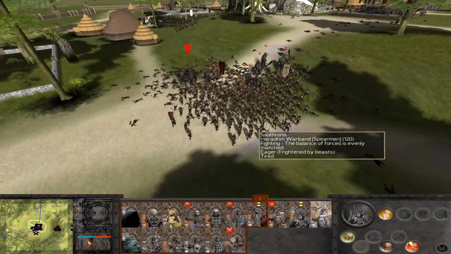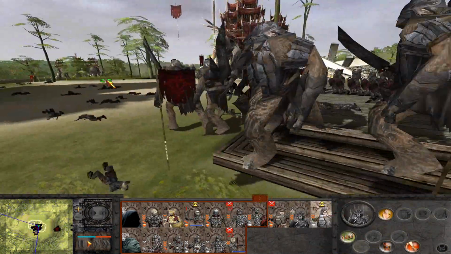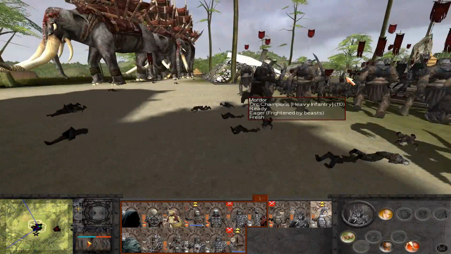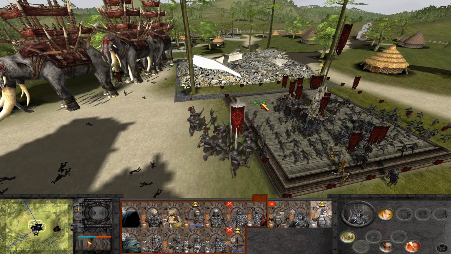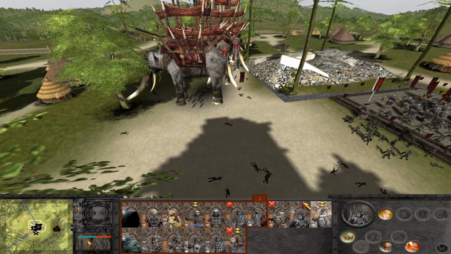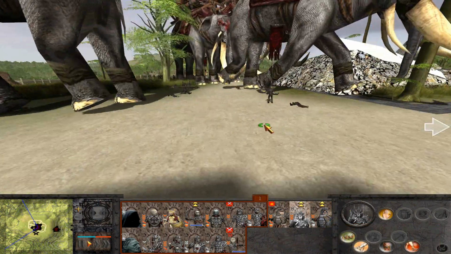Also move out these trolls and let them attack that blob over there. They'll do a better job fighting. Sauron should take out the Mumakils.